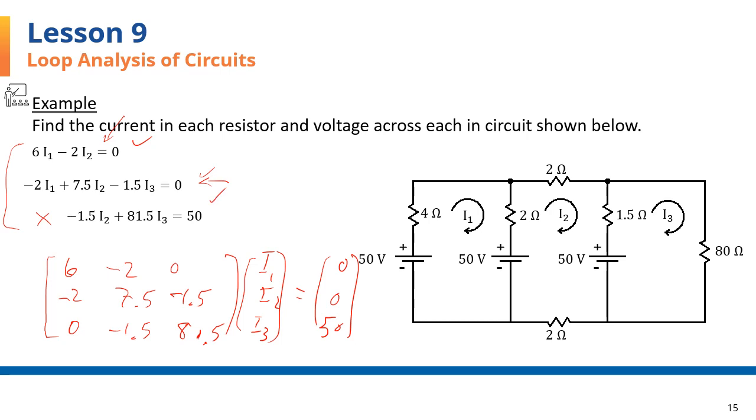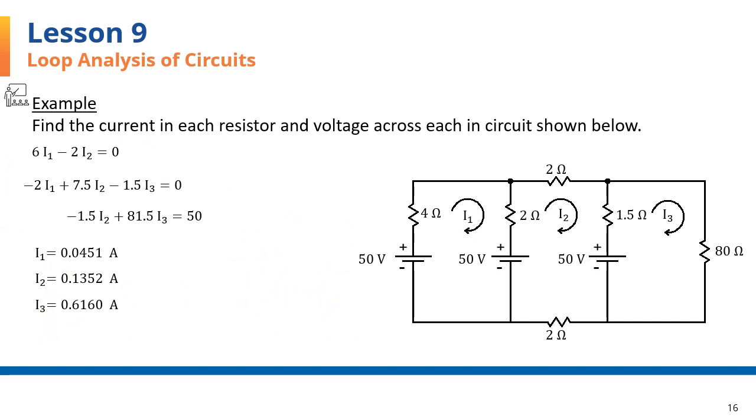To solve this, I took the inverse of this matrix, which Excel performs quickly and easily, and multiplied that inverse matrix times this vector here to get the I1, I2, and I3. And the answers that I found are on the next page. Here are the I1, I2, and I3 in amps.